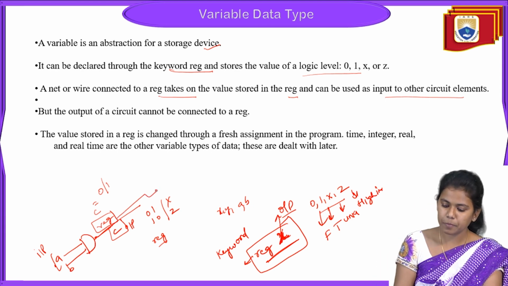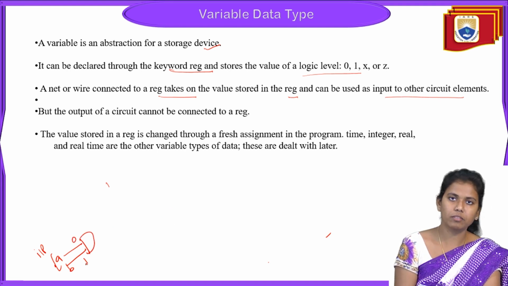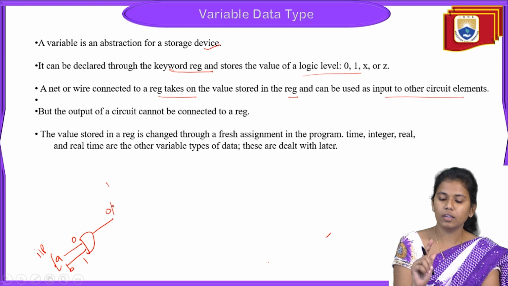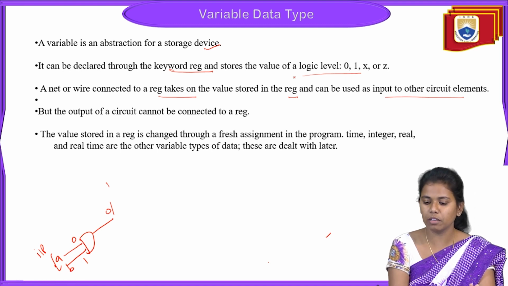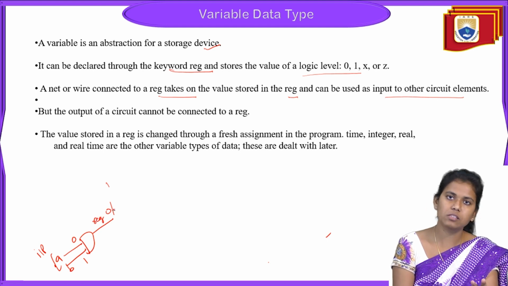Understanding my point? See, for example, 0 and 1. Here we observed 0. I told you the register values can be stored in terms of the logical levels 0, 1, X or Z. For example, I got output as 0.